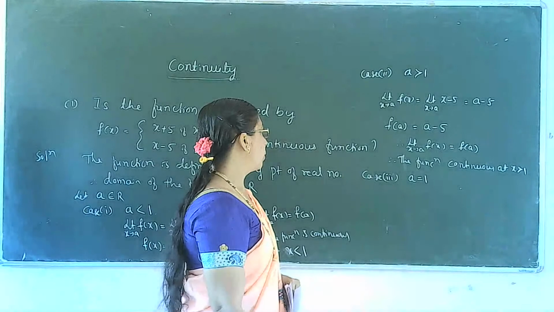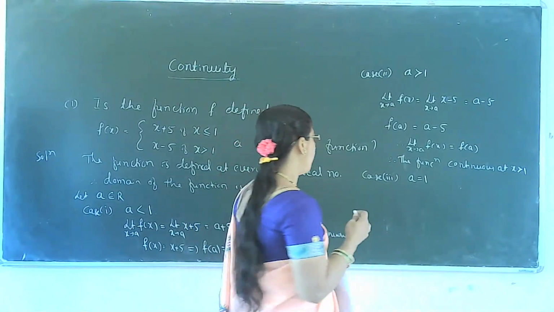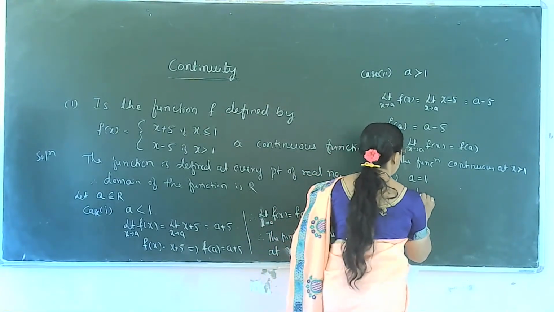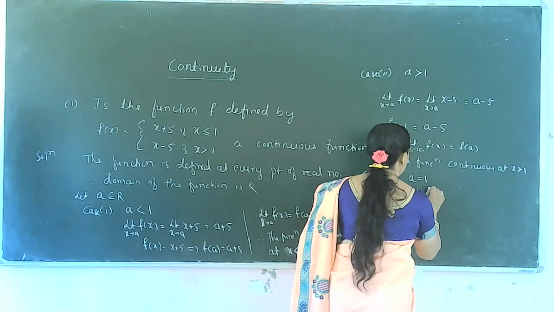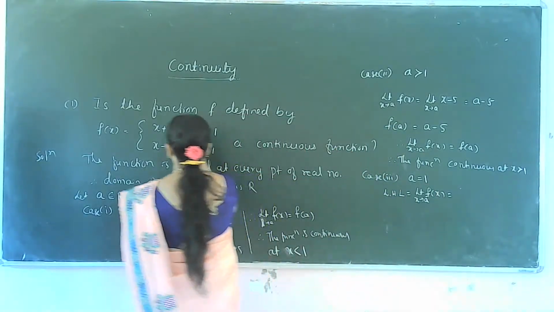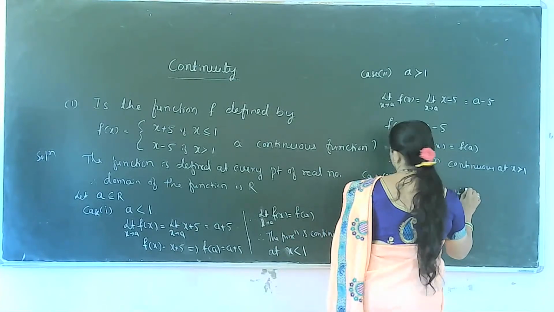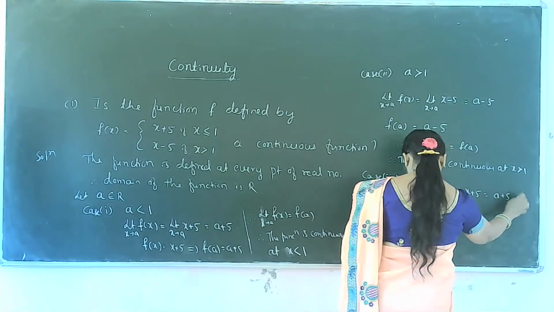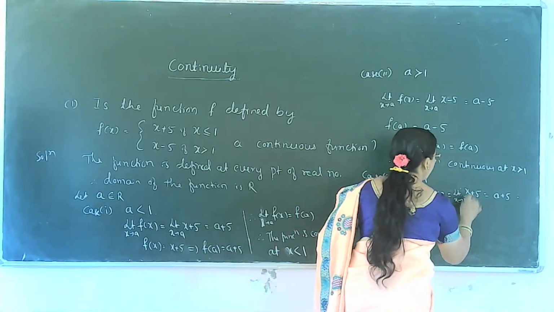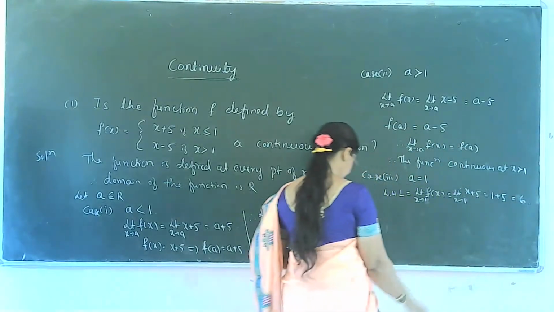Here we have to check the left hand limit and right hand limit and f of 1. LHL is equal to limit of x tends to 1 minus, f of x, which is equal to limit of x plus 5, which is equal to 1 plus 5, which is equal to 6.